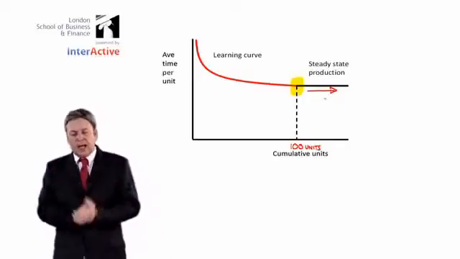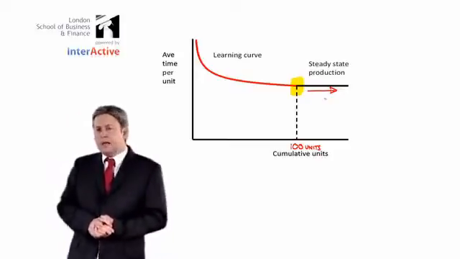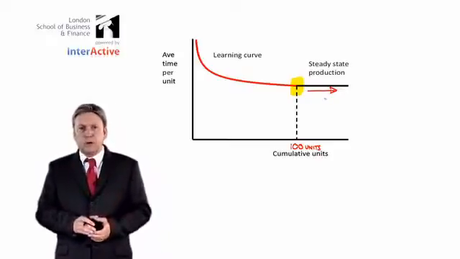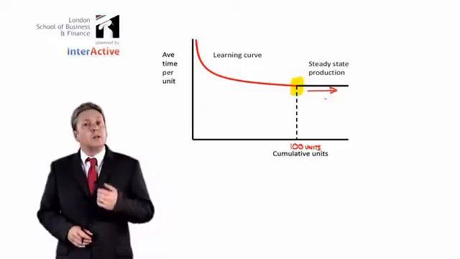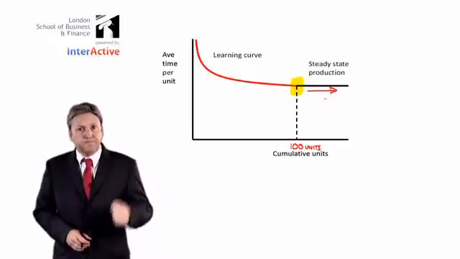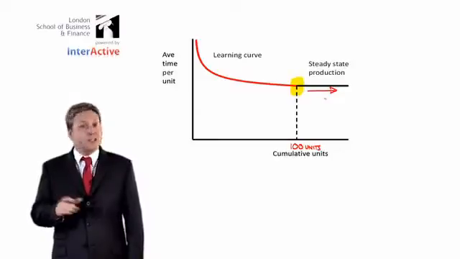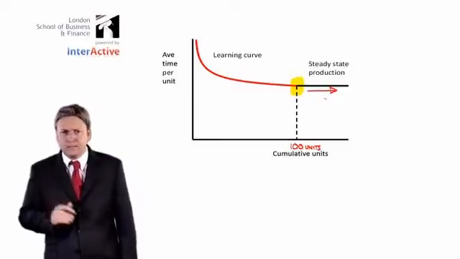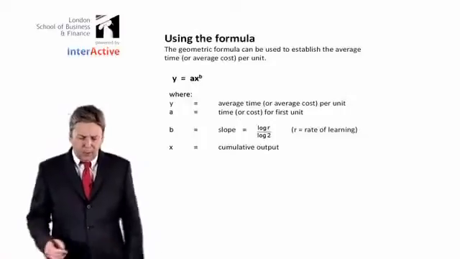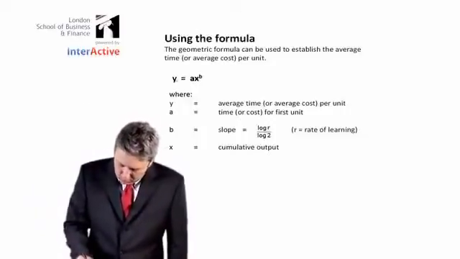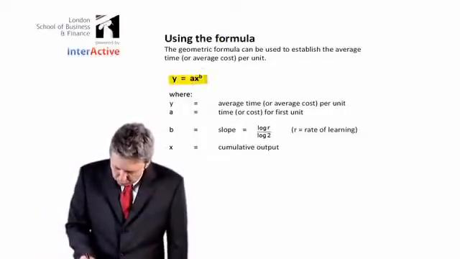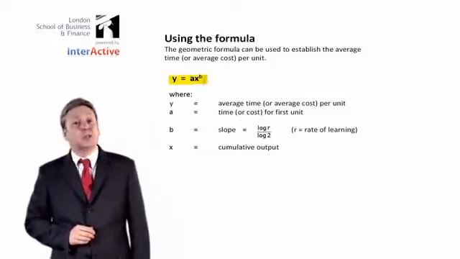Now, looking at this graph, anything that we can describe in the form of a graph, we can also describe in the form of a formula. And luckily, your examiner gives you the formula and tells you what every component is. So, we have a formula here of y equals ax to the b.